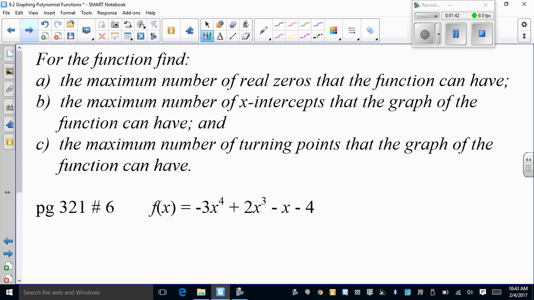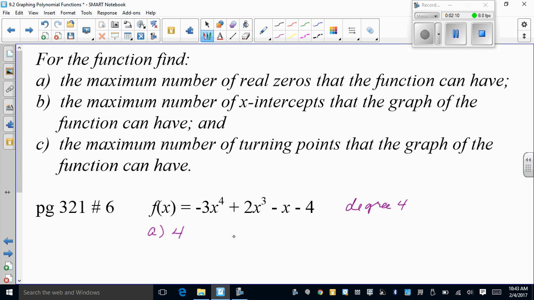Okay, so first example: for the function, the maximum number of real zeros that the function can have, the maximum number of x-intercepts the function can have, and the maximum number of turning points. So this is a degree 4. Let's identify it. Degree 4, which means for part A, the maximum number of real zeros it can have is 4.